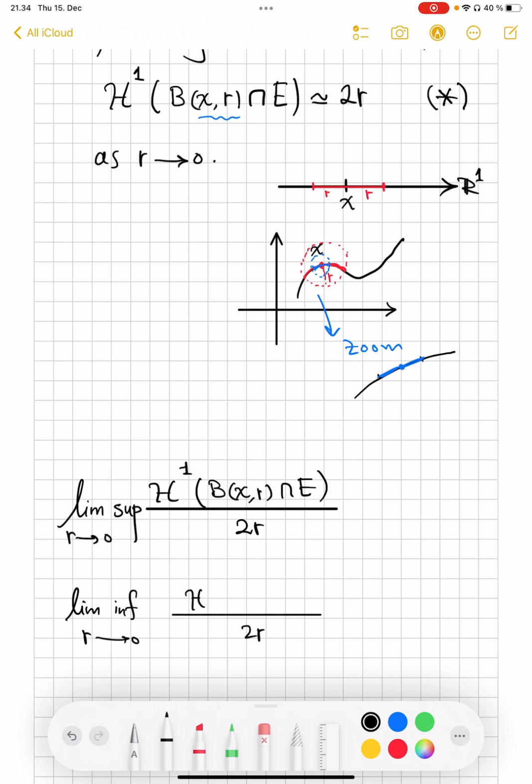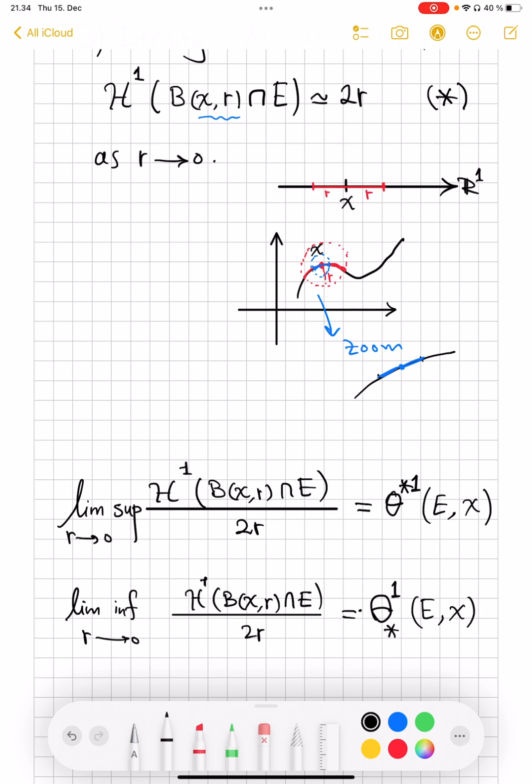So we say density exists at x if and only if these two are equal. We call this the upper density, and we call this the lower density at point x of the set E. And also because we're looking at H1 measure, this will be density 1.